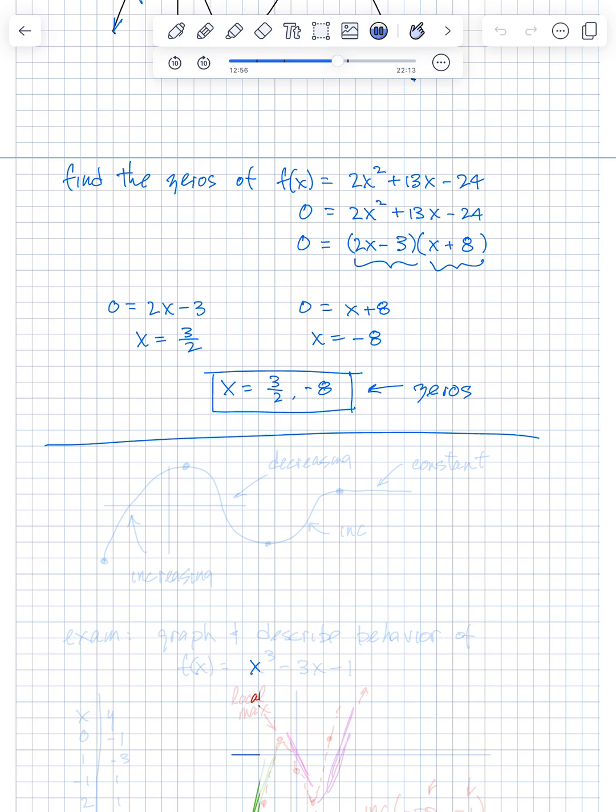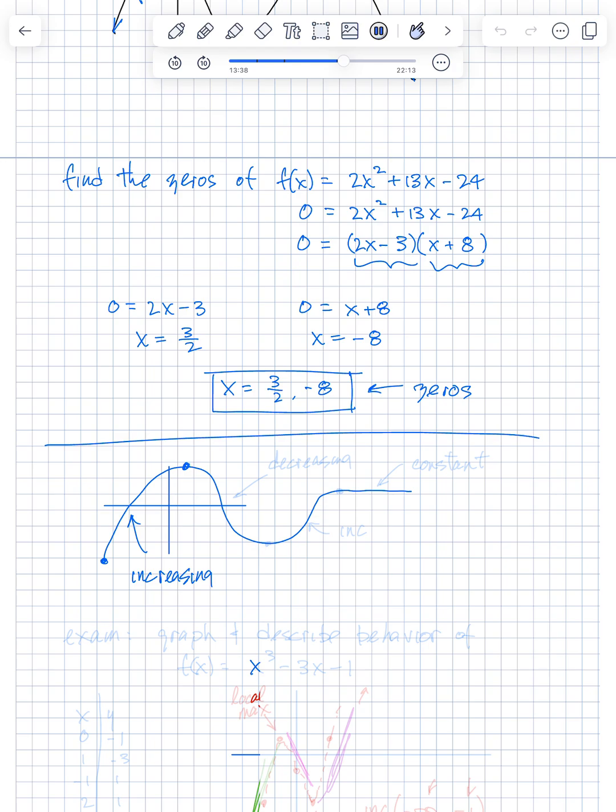Okay, now we're going to look at increasing and decreasing functions. So let's say here's our coordinate plane, and let's say we have a function that goes like this, and we want to identify the increasing and decreasing parts of it. This is easy to do when you're looking at it. From this point here to the peak right here, the function is increasing.